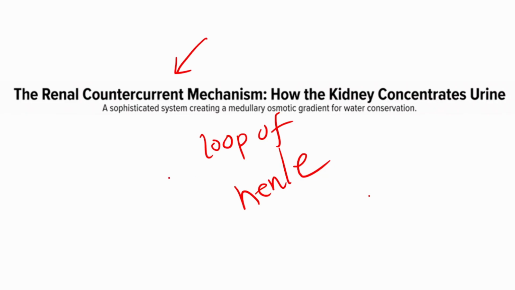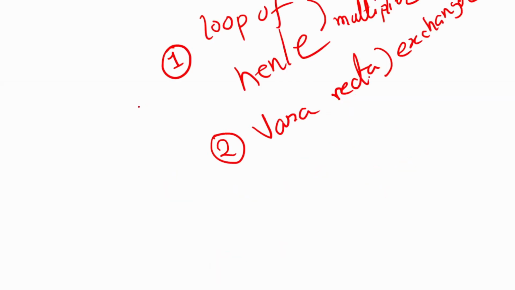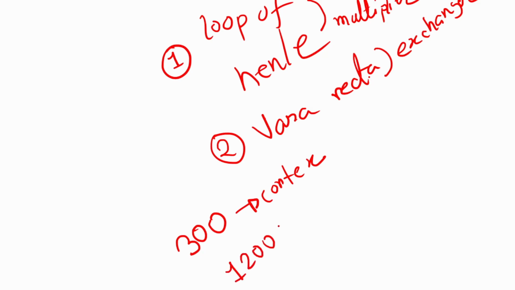These loops are, first of all, the loop of Henle, acting as the definitive countercurrent multiplier, and second, the vasa recta, serving as the countercurrent exchanger. Together, they establish and preserve a steep hyperosmotic medullary interstitium that transitions smoothly from a normal isotonic concentration of 300 milliosmoles per liter at the cortical border down to an extreme hypertonic value of 1200 milliosmoles per liter deep within the medullary pyramids.